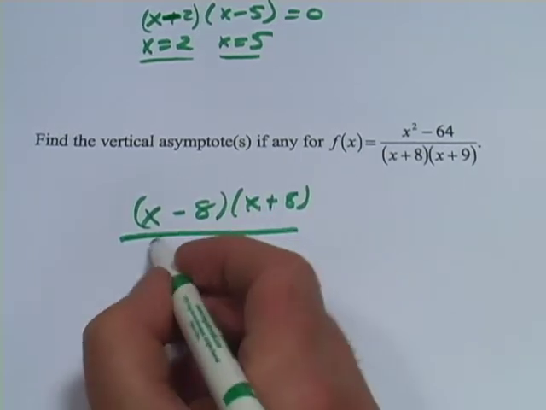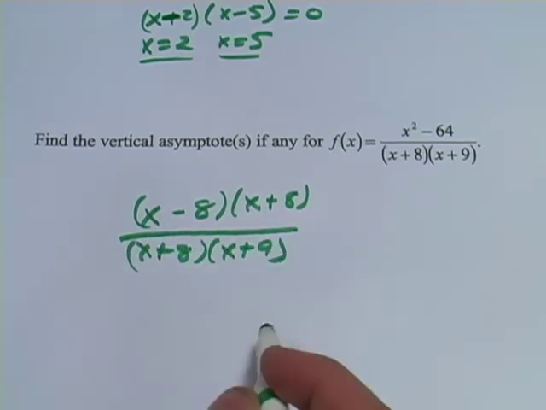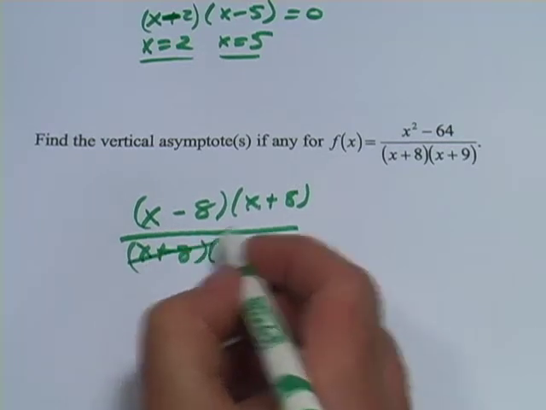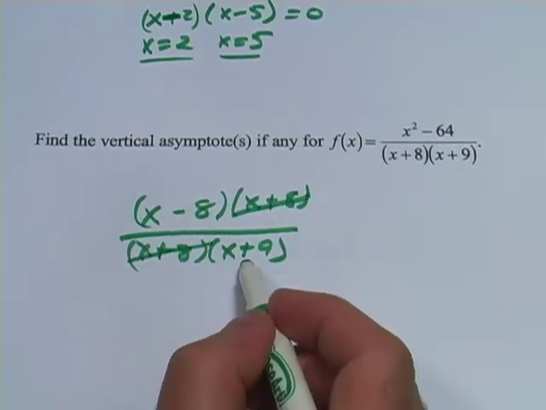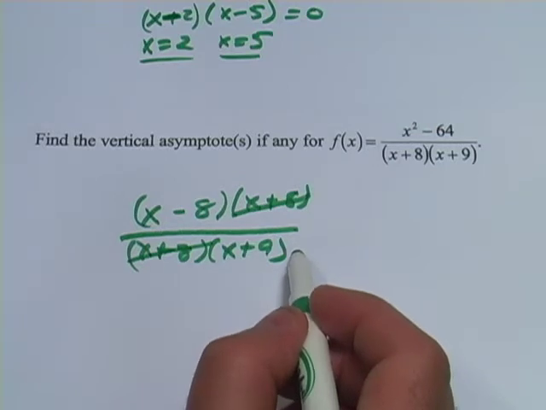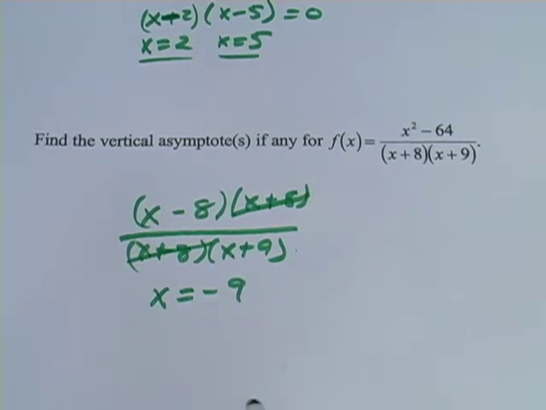And that is over x plus 8 times x plus 9. And as you can see, you can cancel those two, and what you get is x minus 8 over x plus 9. When you set the denominator to 0, then the one vertical asymptote is x equals negative 9.